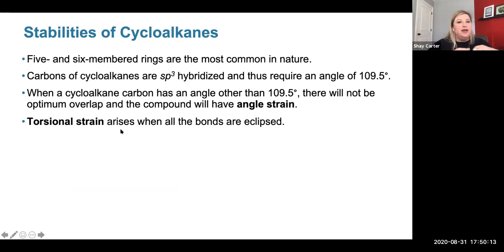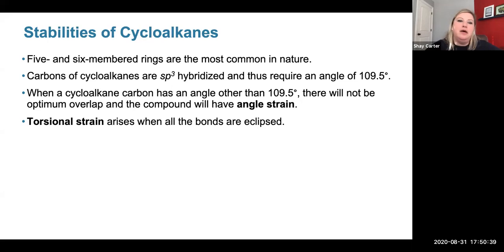Now, 5 and 6 membered rings are the most common in nature. And the reason, it's theorized, is that 5 and 6 membered rings are the closest stability-wise to that sweet spot of 109.5 degrees between bond angles, okay?